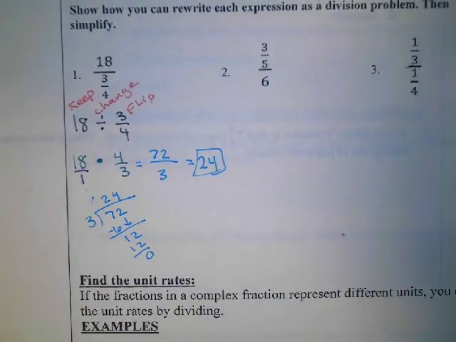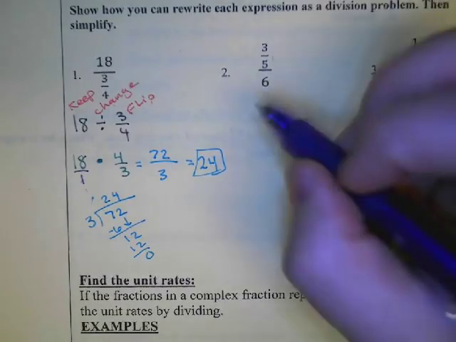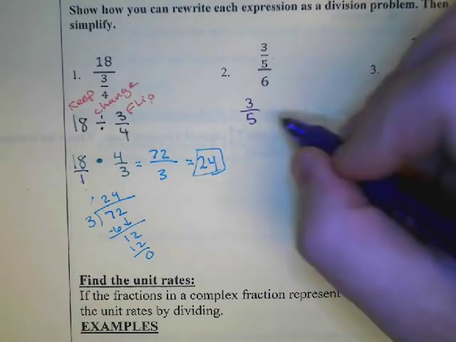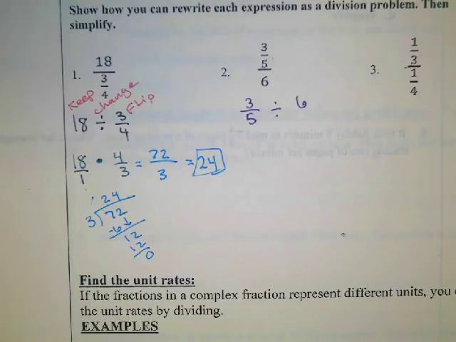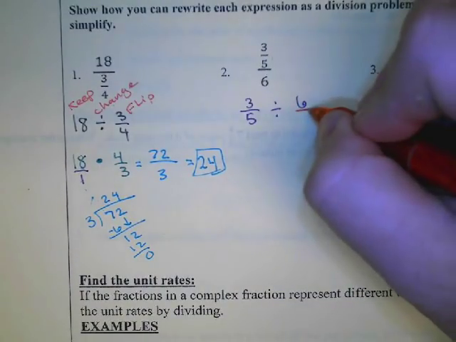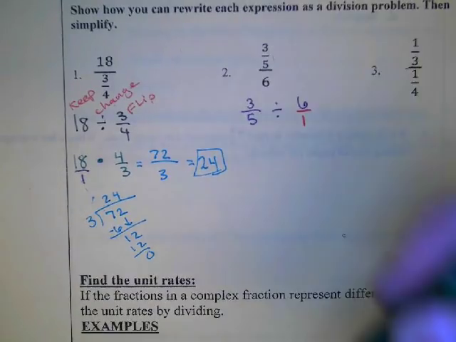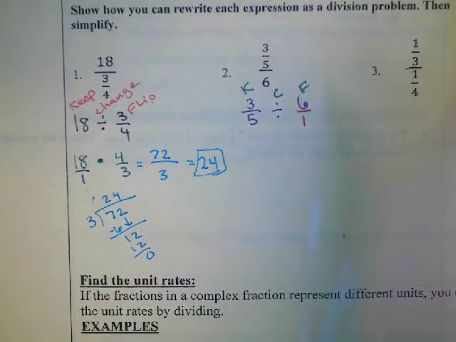I'm going to say this is 3/5 divided by 6. So I have 3/5, my top fraction, divided by 6. Now to do this, what I'll need to do is write in my hidden 1, so I have something to flip. And then we'll do our keep, change, flip.